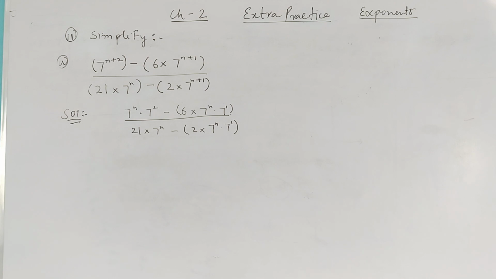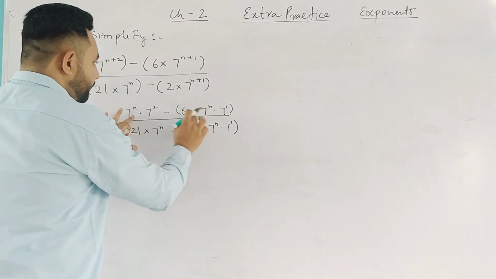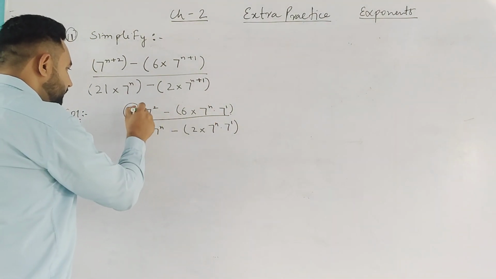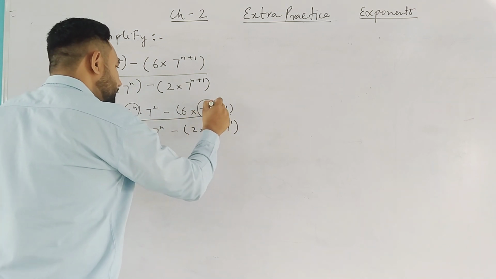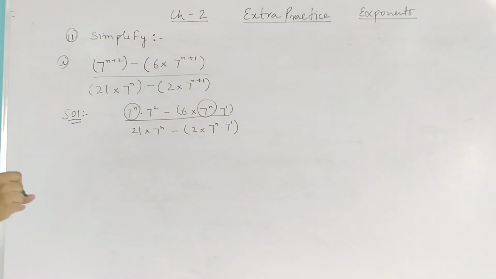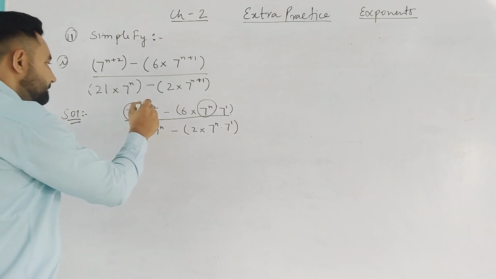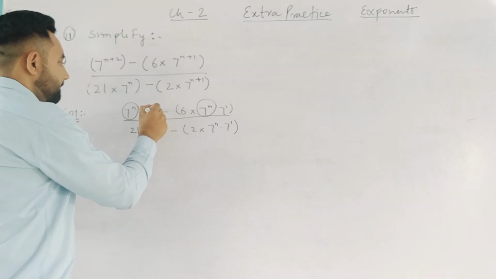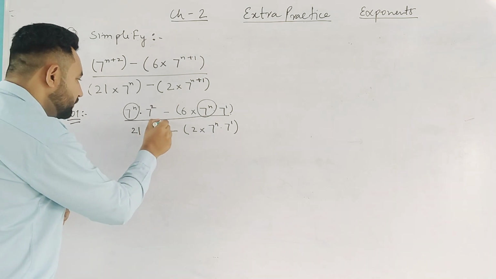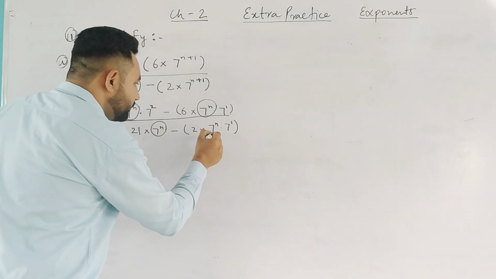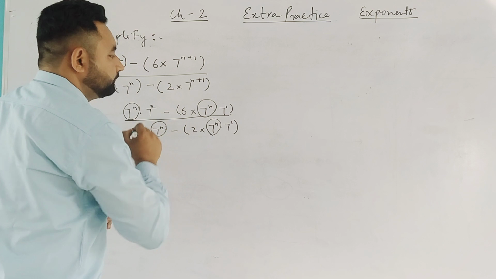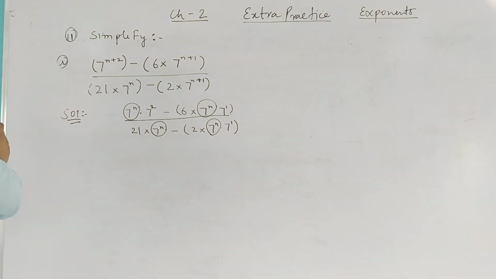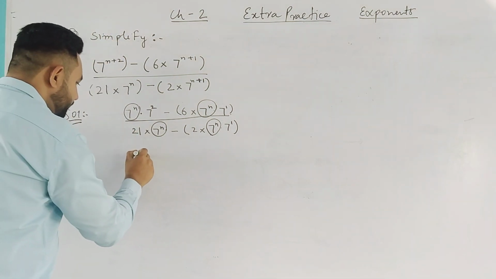Now you can see on both sides, 7 to the power n and 7 to the power n is common. And here also 7 to the power n is common. So you can take it outside. You can write 7 to the power n.